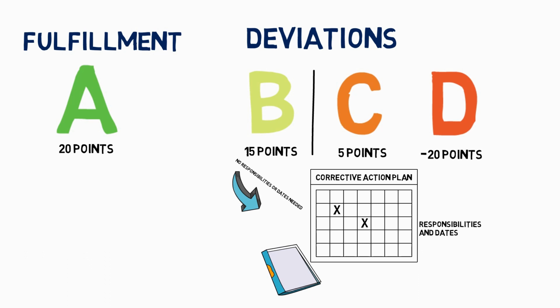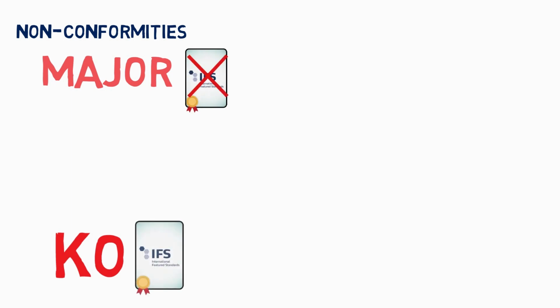The second category of scorings are non-conformities. They are the more severe kind of deviation, as it were. We have a major non-conformity and a KO, knockout non-conformity. If these are scored, the company will at first not be allowed to receive an IFS certificate. However, when only a single major is scored, the company can conduct a follow-up audit in a defined time frame.